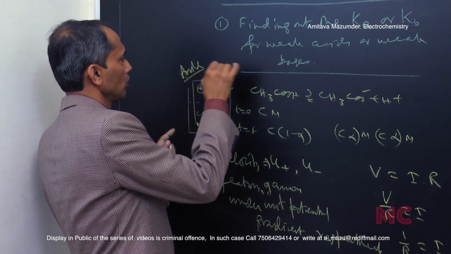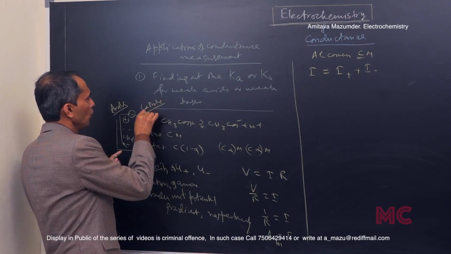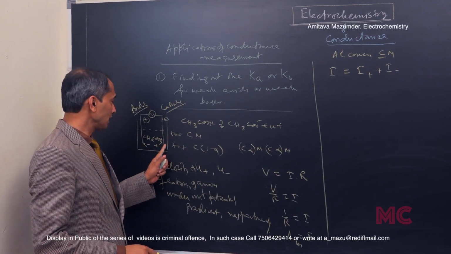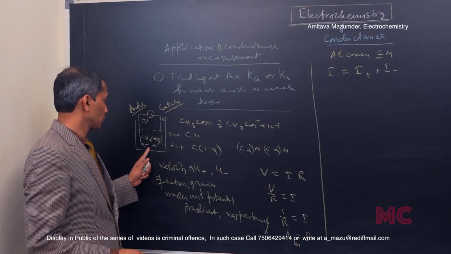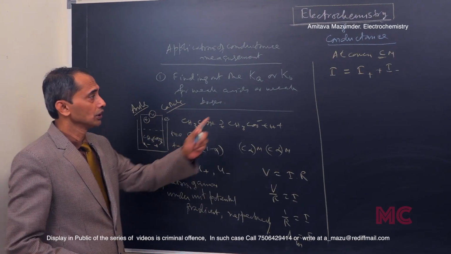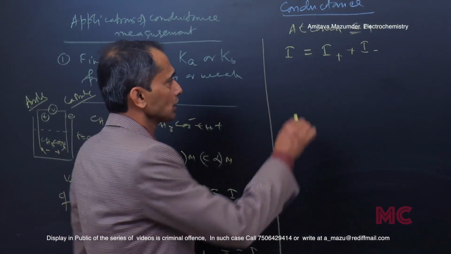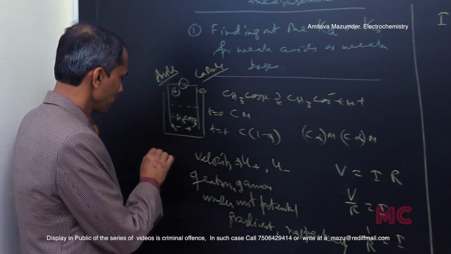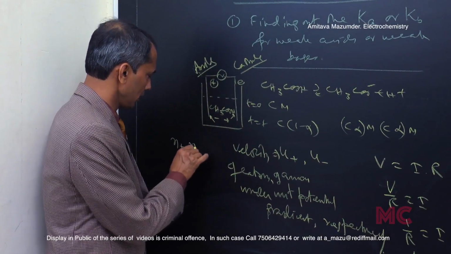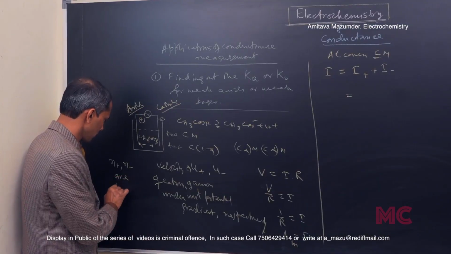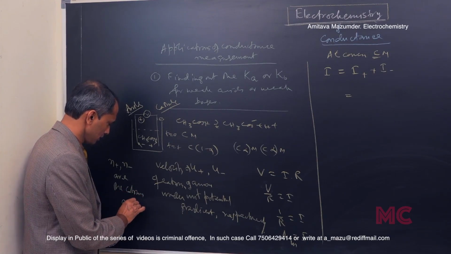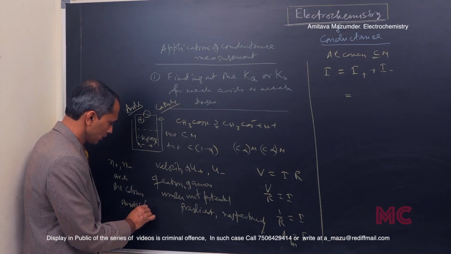When it is positive, then it is anode; when it is negative, then it is cathode. So current carried by the positive charges to the cathode plus current carried by the negative charges towards the anode, the sum of this is I. So what is I plus? We can write that, let's see, N plus and N minus are the cations and anions per unit cc.